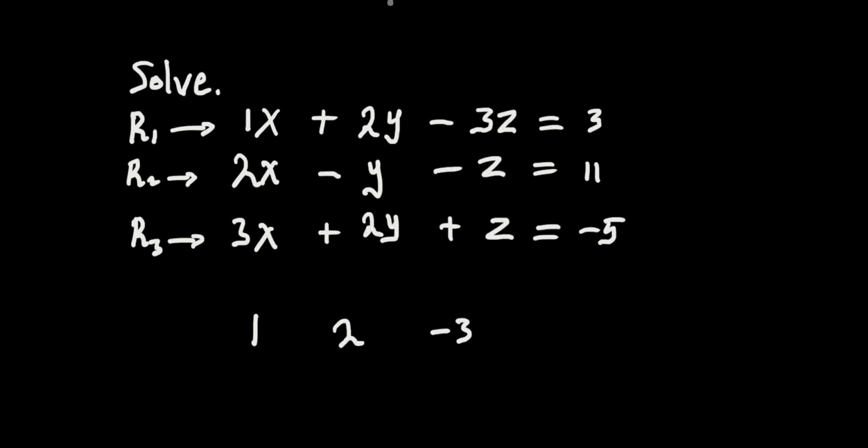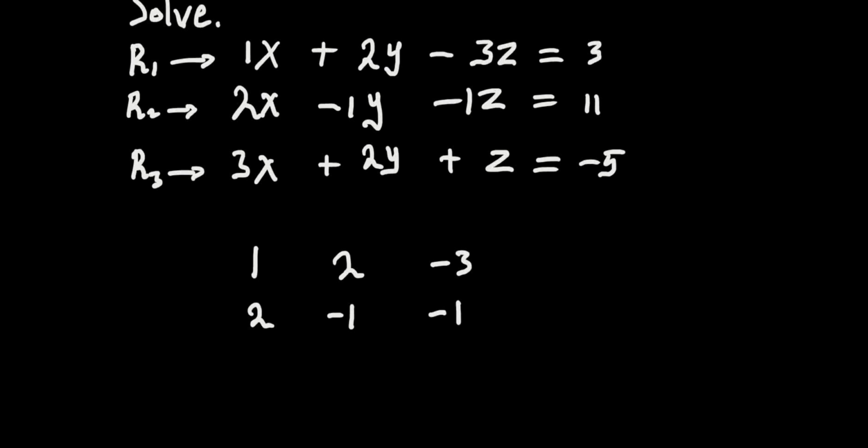And in row 2, the coefficient of x is 2, and then the coefficient of y is -1. And the coefficient of z is also -1. And in row 3, the coefficient of x is 3. The coefficient of y is +2.